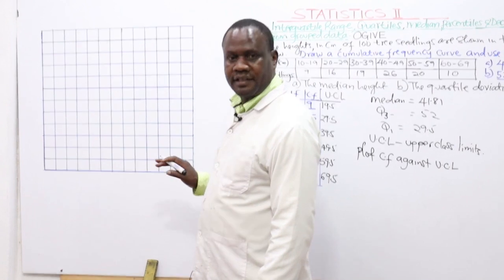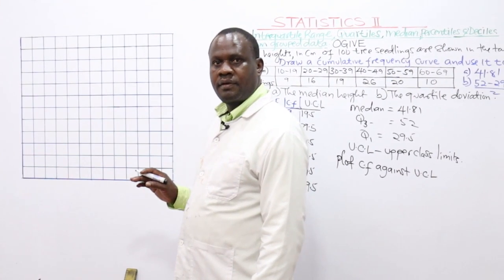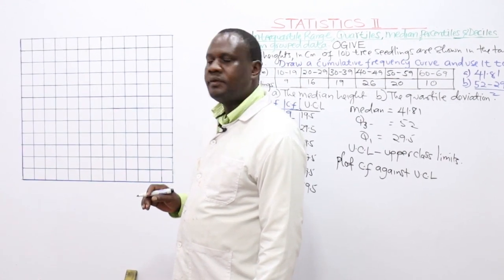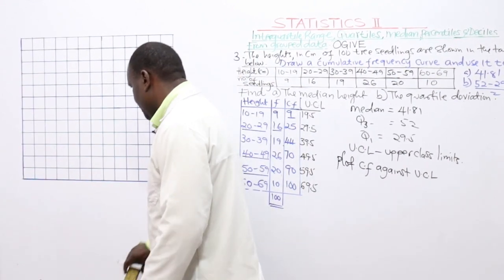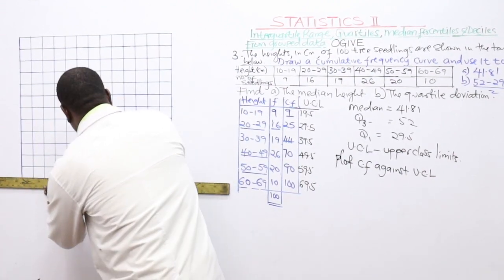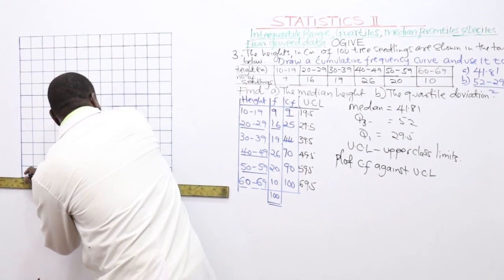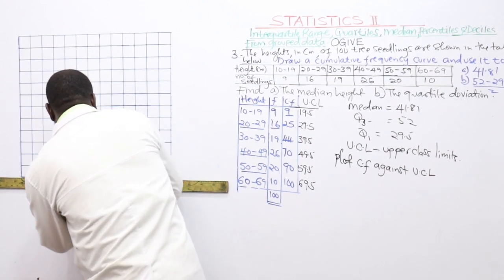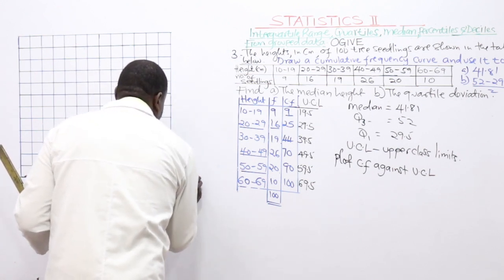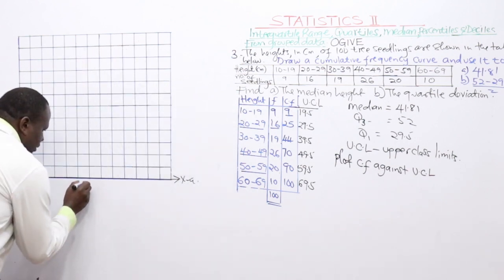You should have something like this. We shall have the upper class limits here on the x-axis.